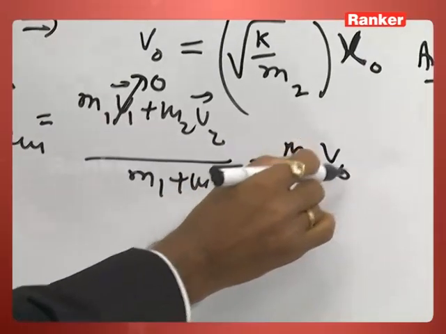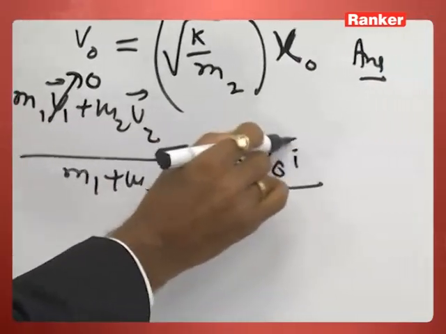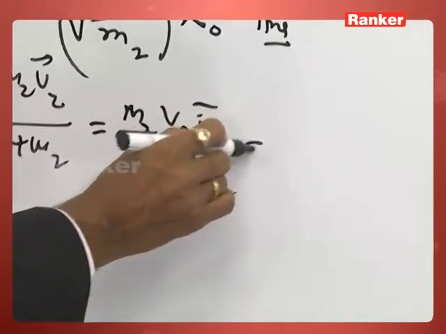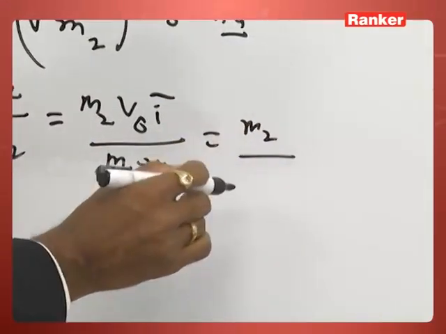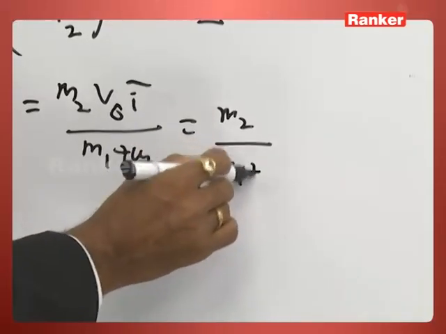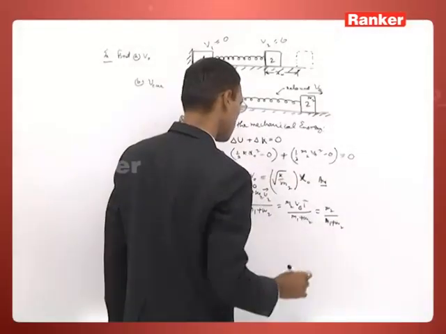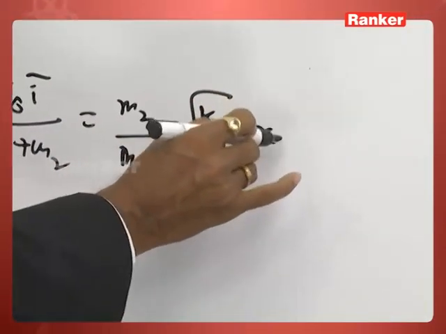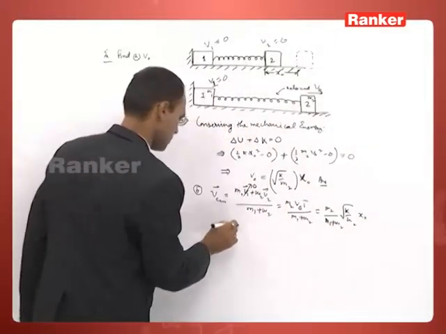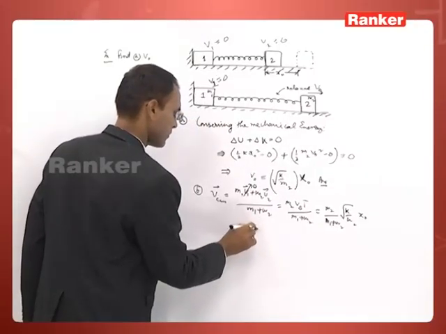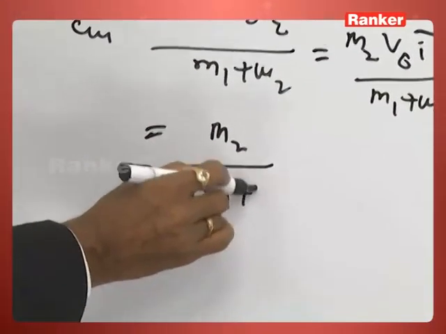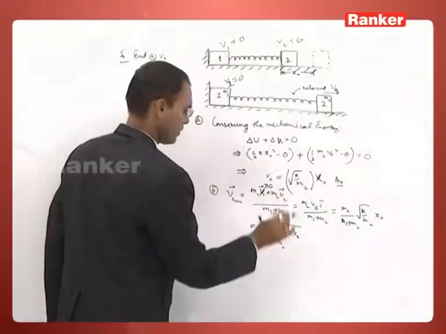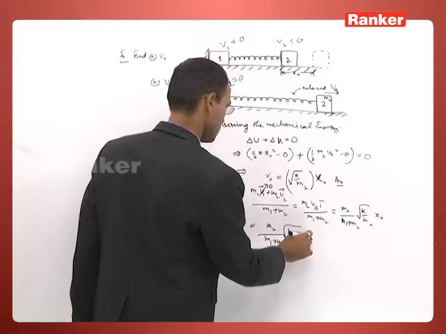So it is m2 v naught by m1 plus m2. Just substitute the value of v naught, which is square root of k by m2 into x naught. This gives us m2 by m1 plus m2 into square root of k x naught.